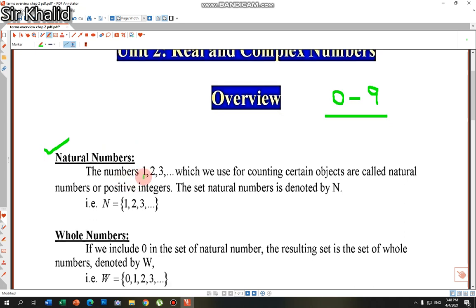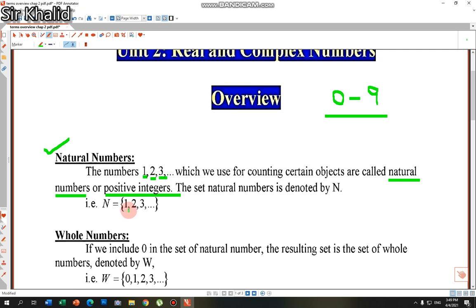The numbers 1, 2, 3, which we use for counting certain objects, are called natural numbers, and the other name for these natural numbers is positive integers, because if there is no directed sign, plus or negative, written, it is understood that it is plus.